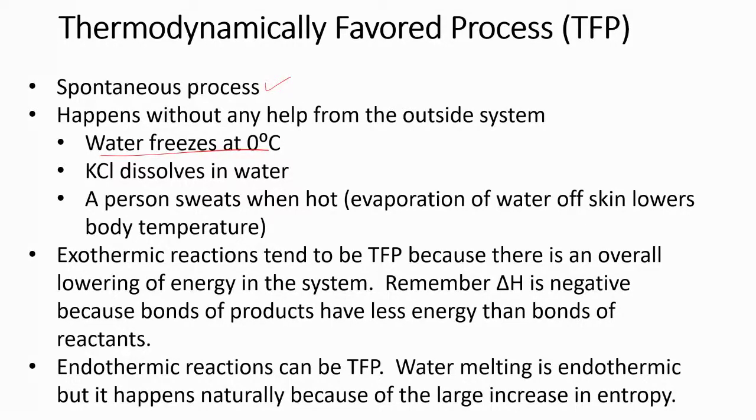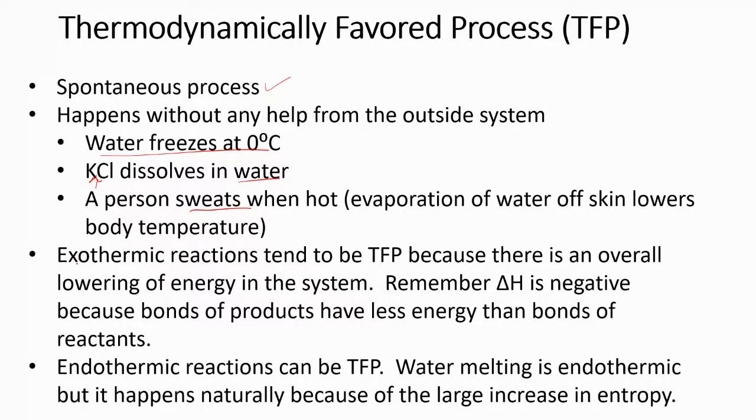It's just a thing, it happens. If you put potassium chloride in water, it will dissolve. It's highly soluble. Group 1A, potassium, highly soluble. When you get hot, you sweat. This is going to allow the evaporation of water from the skin to lower the body temperature. It happens naturally.